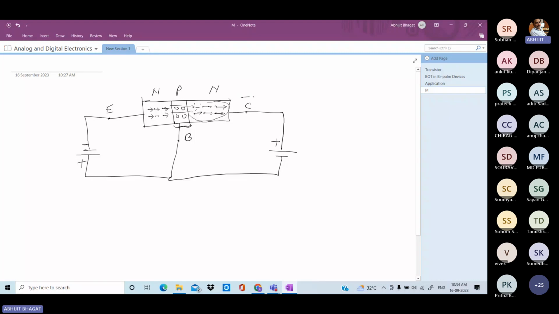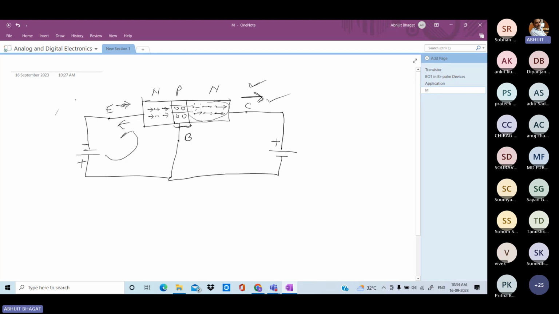So the current flowing in this terminal is increased. The current direction will be positive to negative, which means current direction is this side in this terminal. When this current is increased in this terminal, the output current will be increased here. Is it okay? It means you are getting an amplified version of the signal across the output side.